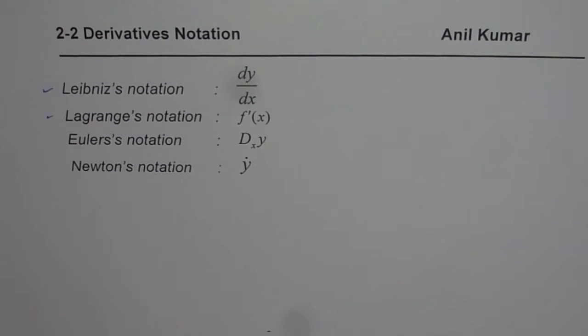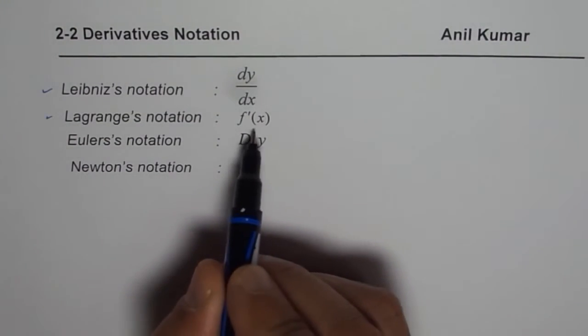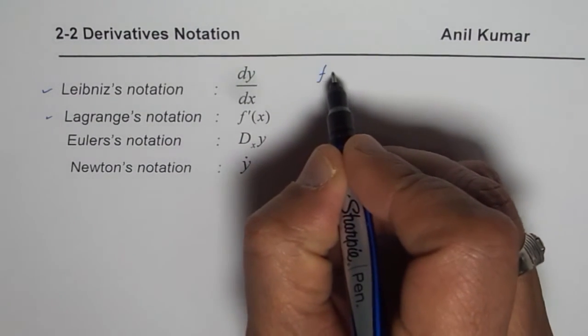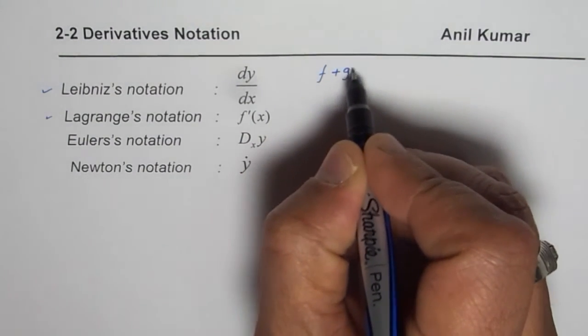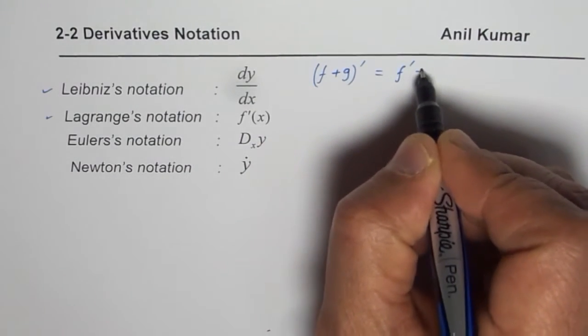So that is how it gets the other name, prime notation. Now, the main question here is when to use which notation? That's a huge question. As far as my preference goes, to write formulas, we use prime notation or Lagrange's notation. It's very convenient. For example, the formula for derivative of a sum is f dash plus g dash.